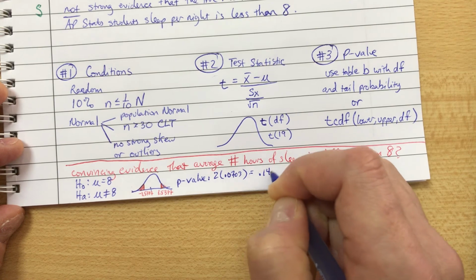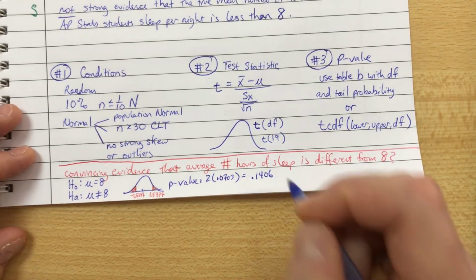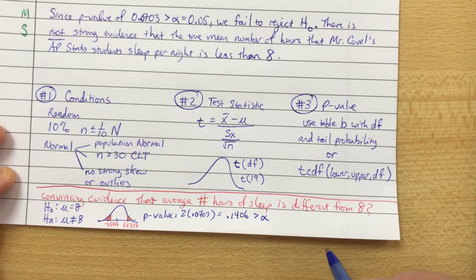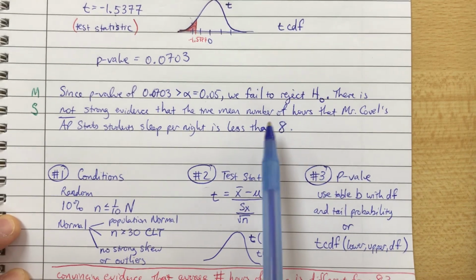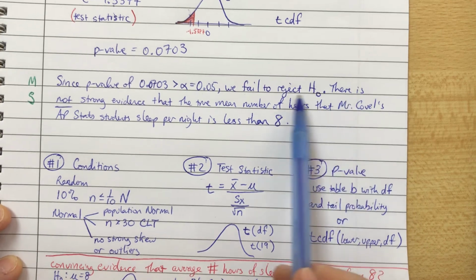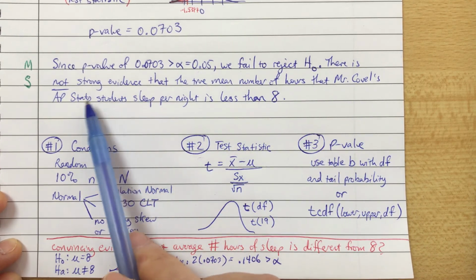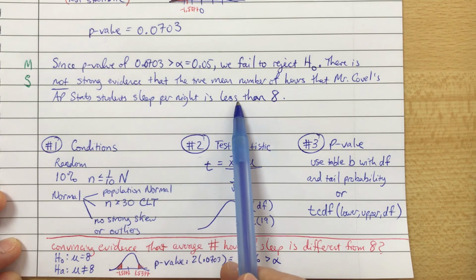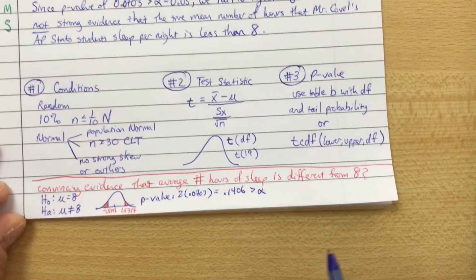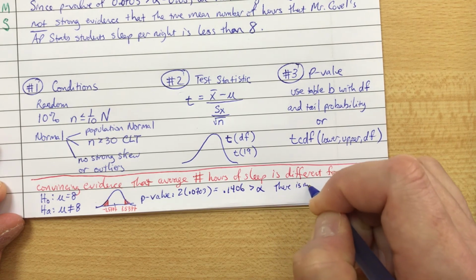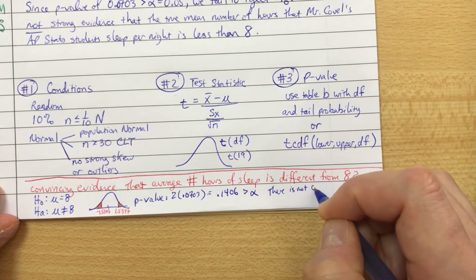So 0.1406. Now this is still greater than alpha. So we would still make the conclusion that we would fail to reject H naught. We would say there's not strong evidence that the true mean number of hours that Mr. Cavell's AP Stats students sleep per night is different from 8. So at the very end, we would say there is not convincing evidence or strong evidence.